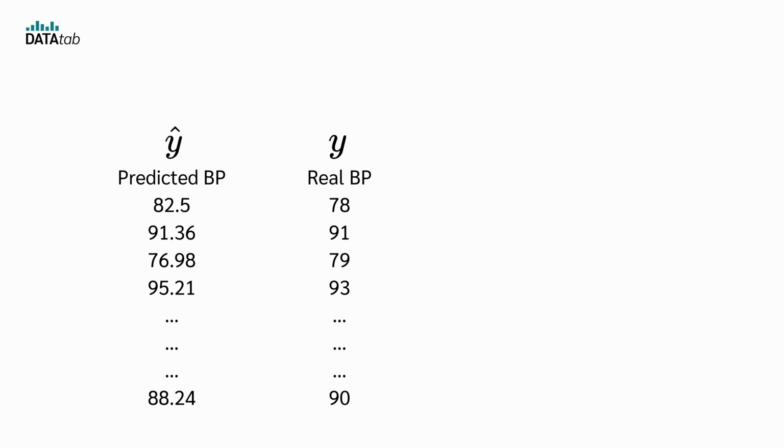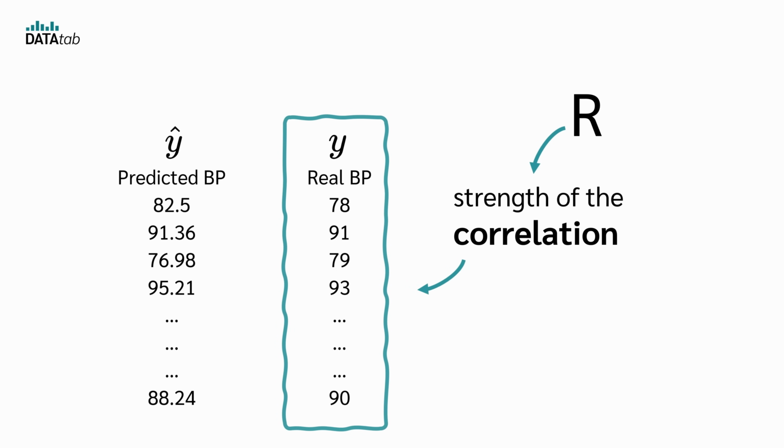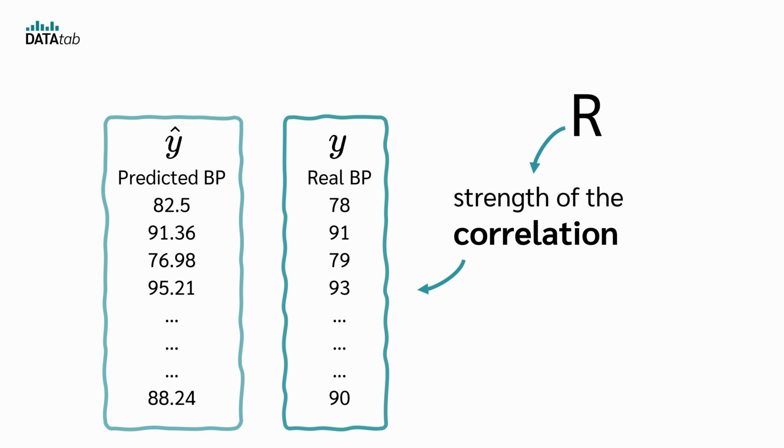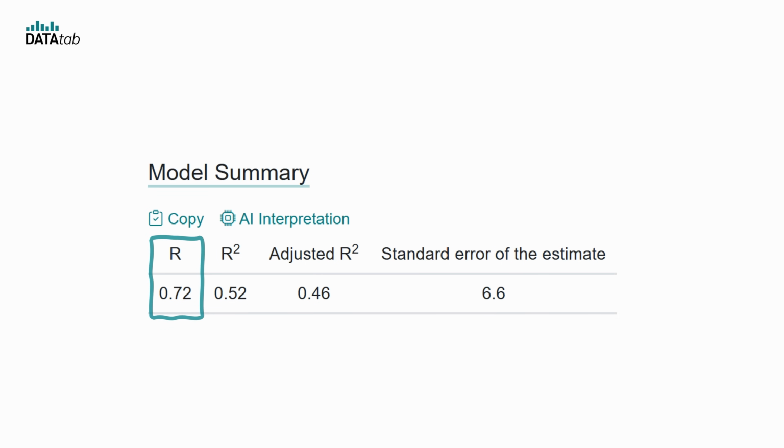In other words, the multiple correlation coefficient R indicates the strength of the correlation between the actual dependent variable and its estimated values. Therefore, the greater the correlation, the better the regression model. In our case, an R value of 0.27 indicates a strong positive relationship. Okay, and what about R squared?